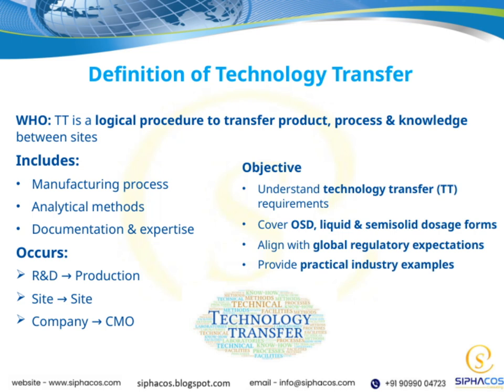Typically, this transfer occurs when moving from research and development to production, or between different manufacturing sites, or even from a company to a contract manufacturing organization, or CMO. Understanding these key components helps ensure that the transfer is smooth, compliant, and maintains product quality, an essential theme as we navigate the complexities of bringing a pharmaceutical product to market efficiently and safely.